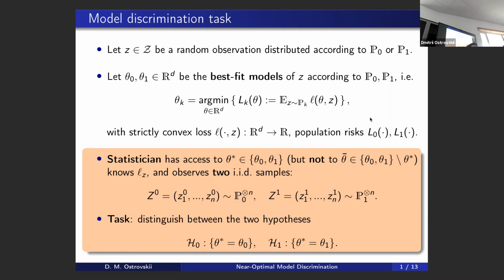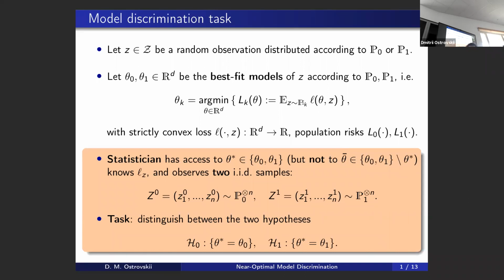Let me tell you to begin with that P0 and P1 are not known. Let me assume that there is some strictly convex loss function, L of theta, Z, where convexity is with respect to theta. Theta is a parameter vector, so it's a parametric loss function, with the randomness controlled by Z.